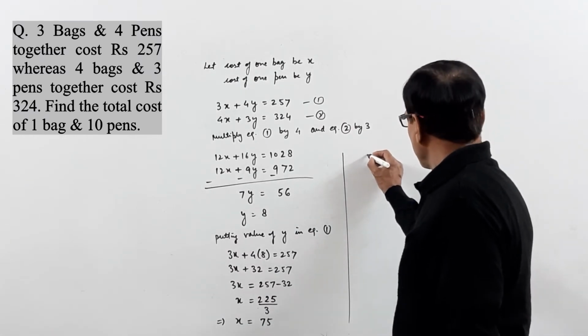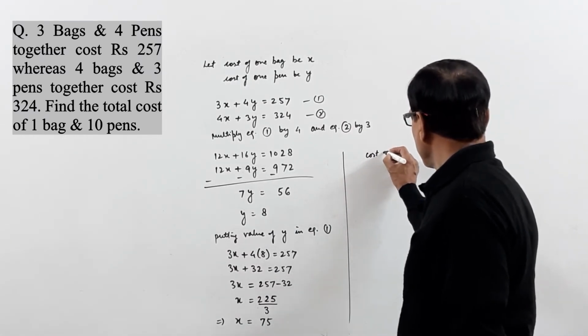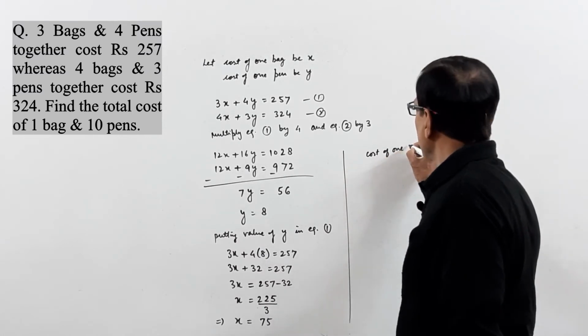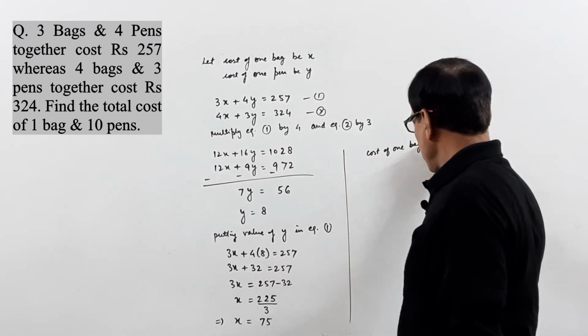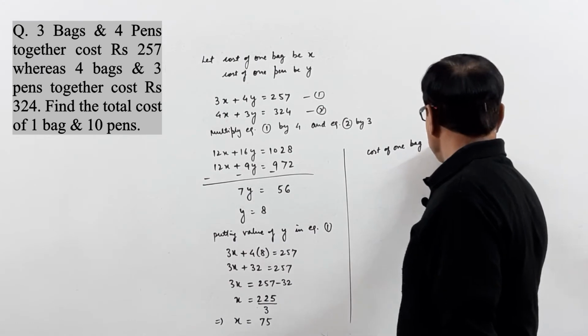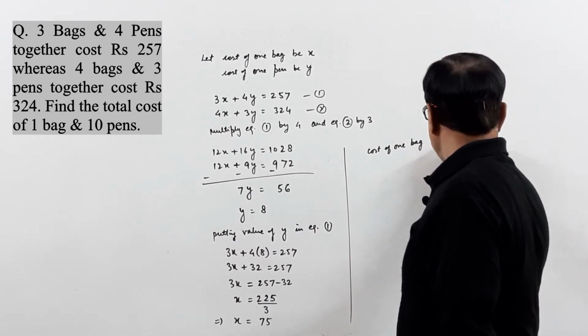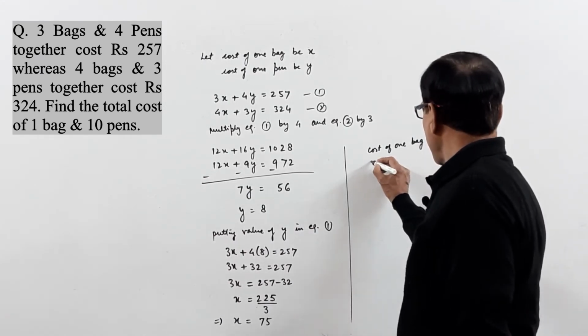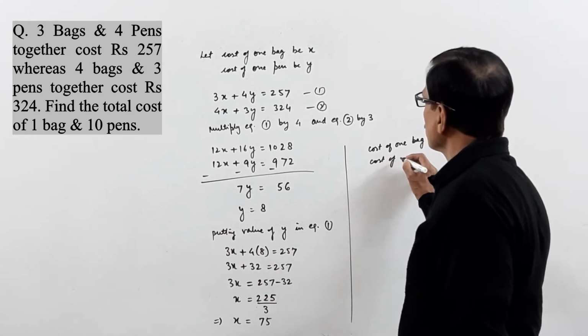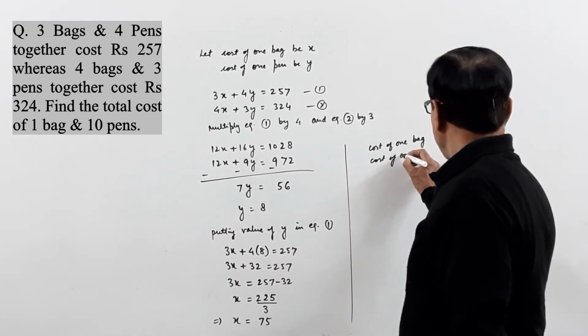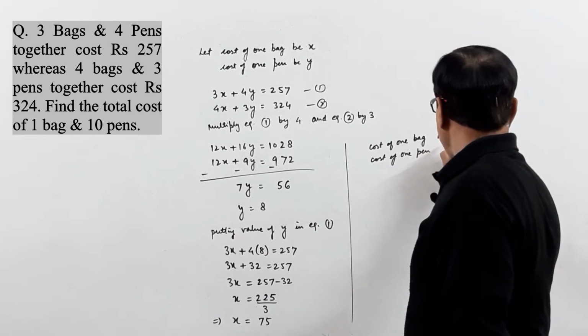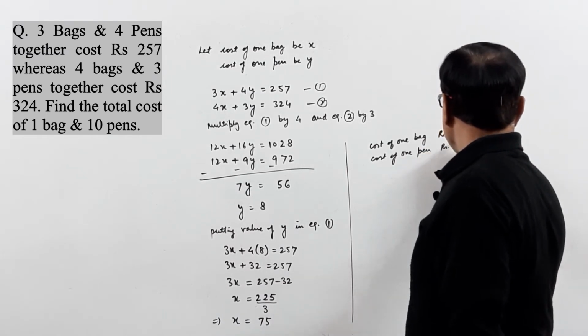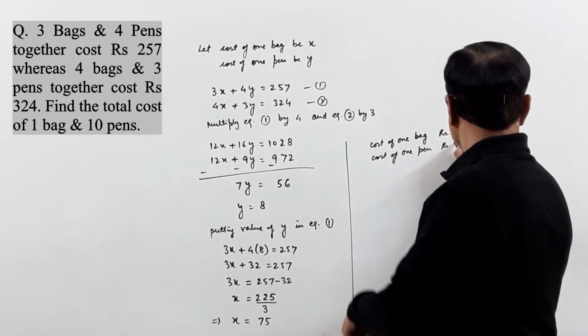So the cost of one bag is rupees 75 and the cost of one pen is rupees 8.